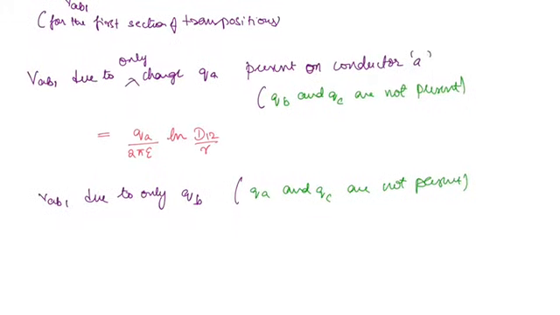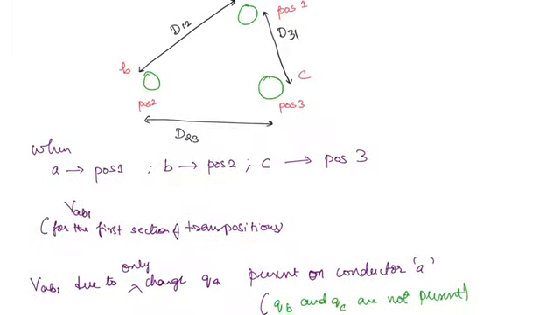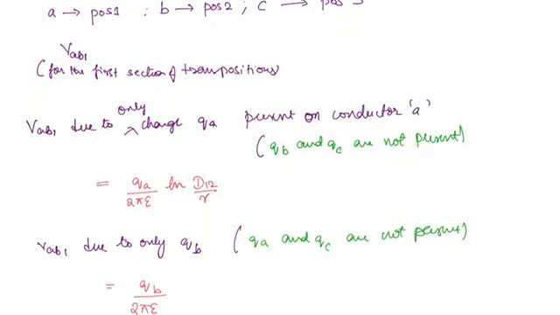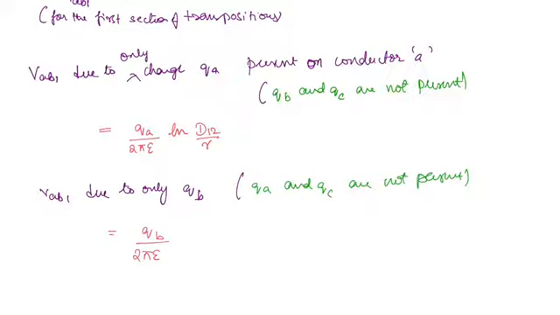This value is going to be QB by 2 pi epsilon. Here conductor B is present. Now from A to B, first at B, the distance is the radius of the conductor B divided by this distance D12. So here you are going to get QB by 2 pi epsilon ln R by D12.